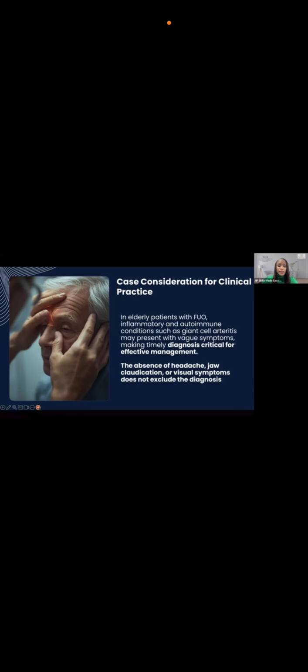The patients in this age range could have really vague symptoms, making timely diagnosis critical for effective management. We talked about the vision loss associated with GCA. The absence of headaches, jaw claudication, or visual symptoms does not exclude diagnosis of GCA.